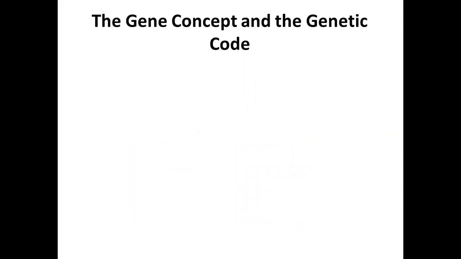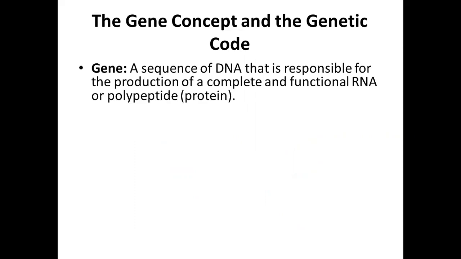So our first part is us looking at the gene concept and the genetic code. When we talk about a gene, we're simply talking about a sequence of DNA that is responsible for the production of a complete and functional protein.